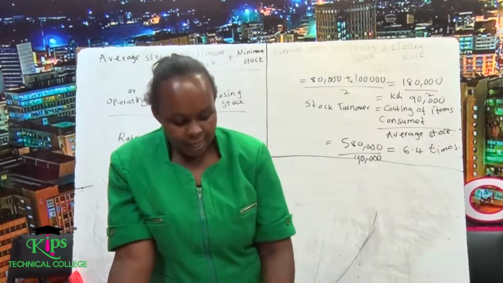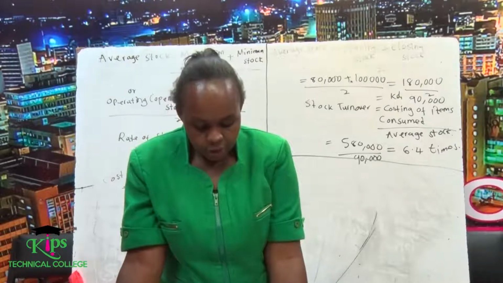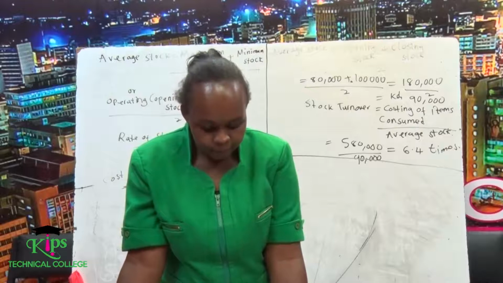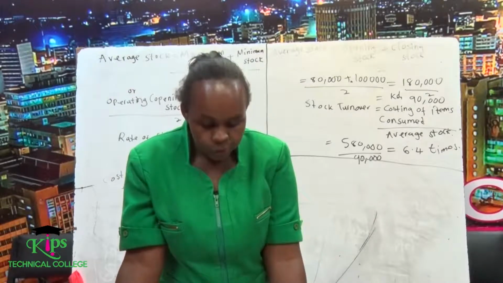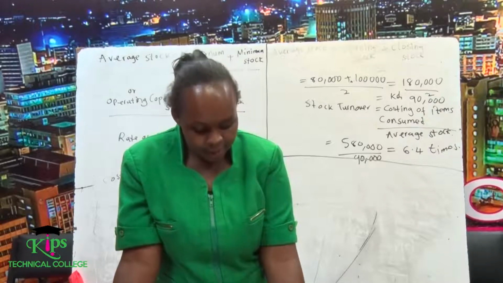The example is that the items in the stores show the result of opening stock on 1st January 2007 was 80,000 shillings.